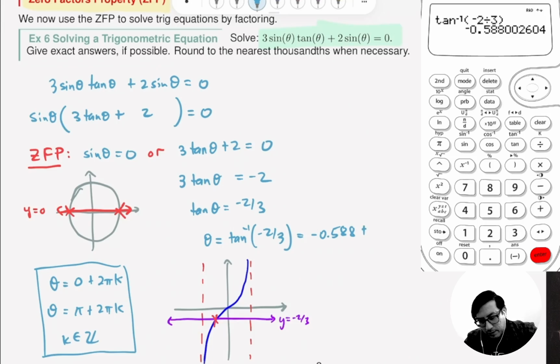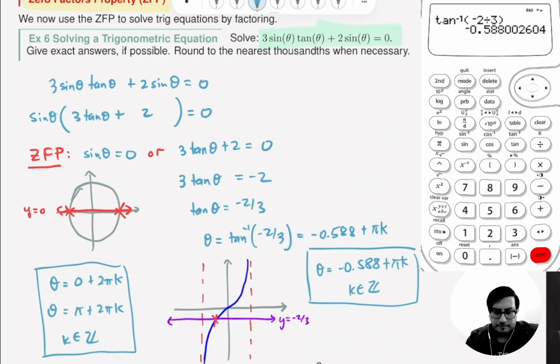Now, tangent has period pi, so we're going to do plus pi k. So the other solutions, let's just write it like this. Great.